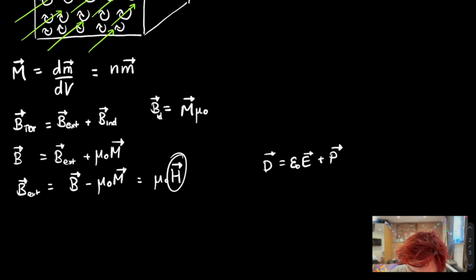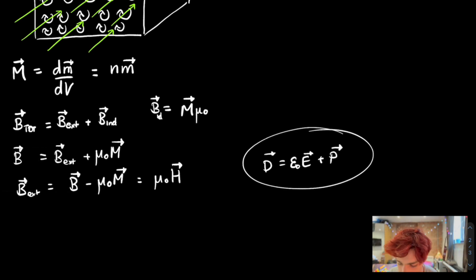Of course, E is analogous to B, the total electric or magnetic field observed, and the polarisation P is very similar to the magnetisation M. Both are defined in terms of dipole moments per unit volume. So we have a very analogous relationship, but of course, it's slightly different.